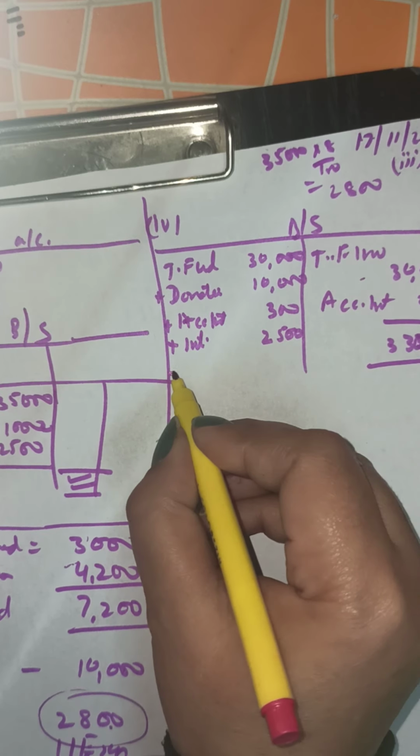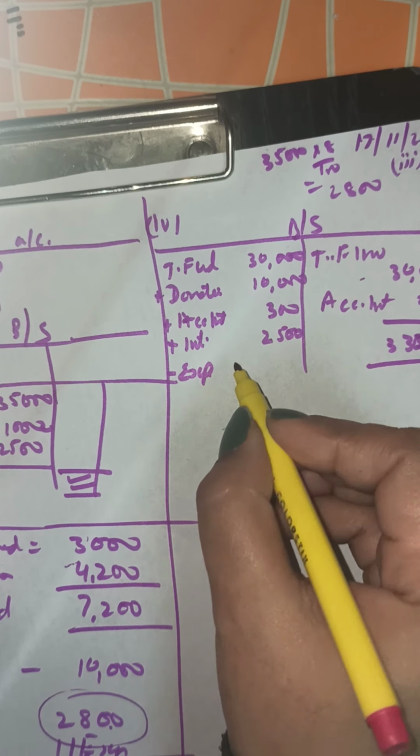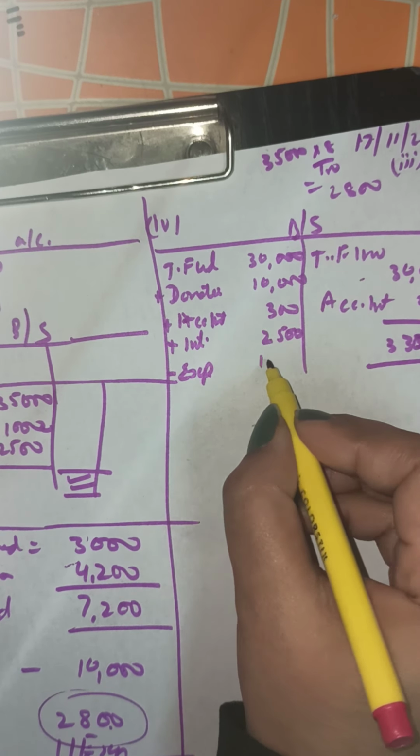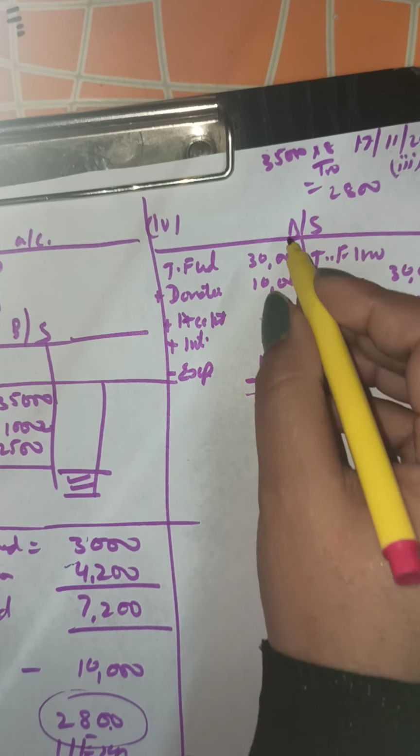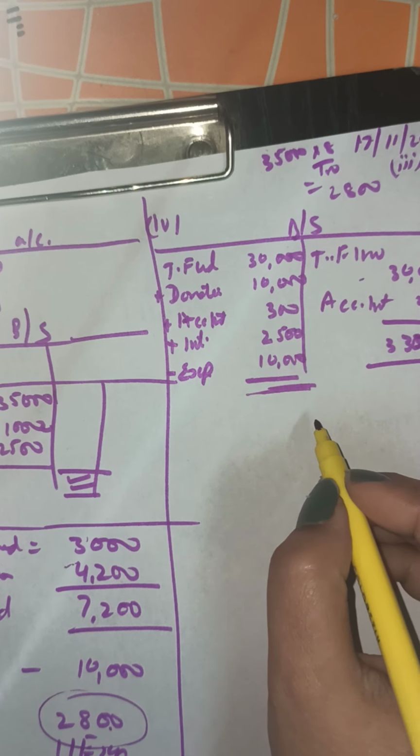This is the total amount minus the expenses. The expenses will be subtracted, rupees 10,000. This is the total amount that will come here on the liability side of the balance sheet.